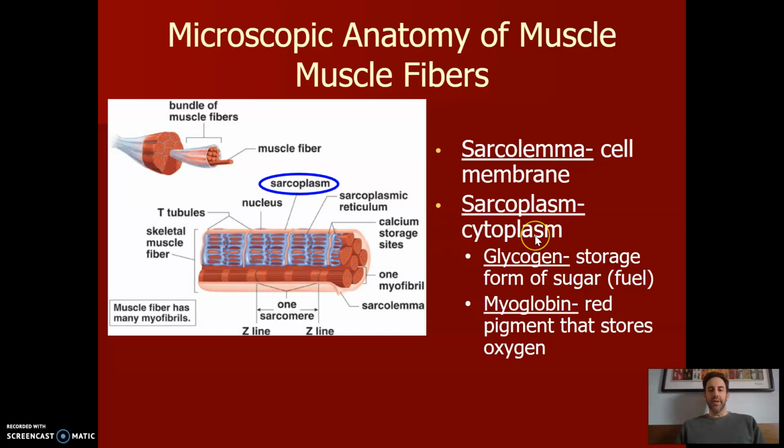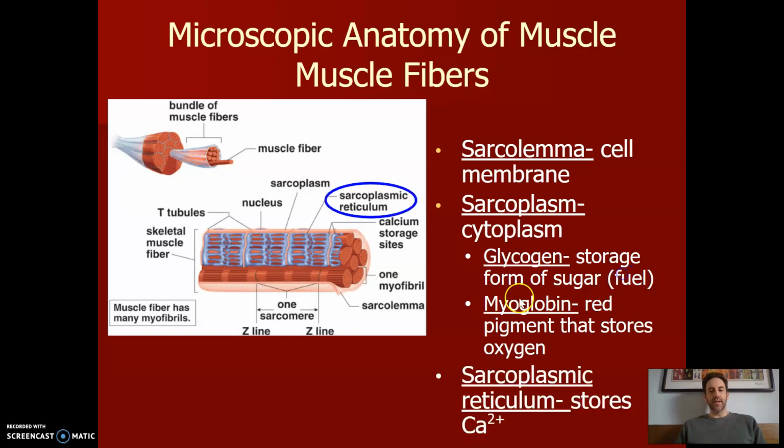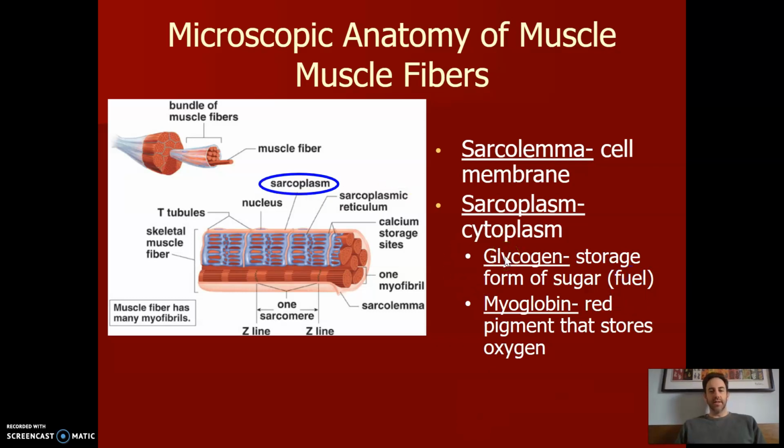There are two things I want to point out that are in the sarcoplasm of every muscle cell. The first is glycogen. Glycogen, you may remember from biology, is a storage form of sugar, and the significance of that is it's fuel. This is what powers your muscles, so your muscles actually store fuel right inside them as glycogen.